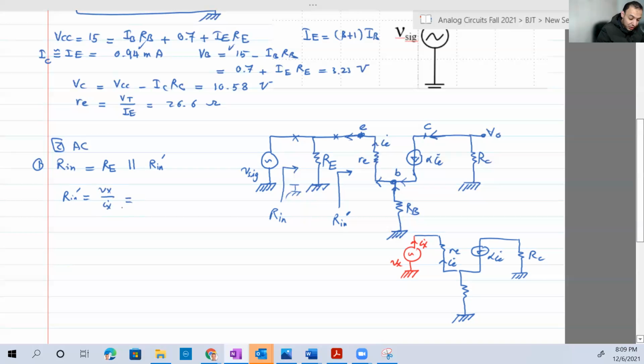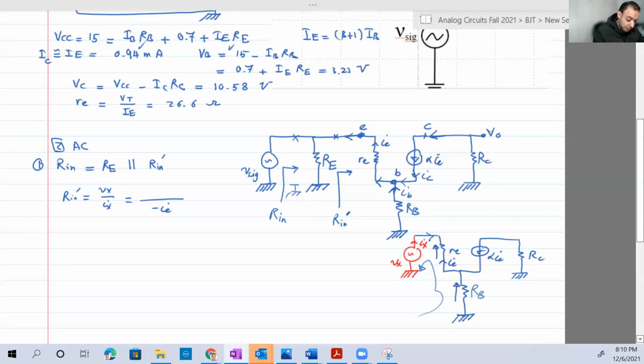So what is IX? IX is minus IE. Look, IX is moving this way, IE is the opposite. This is minus IE. What is VX? VX, from that loop here, equals the voltage across RE small and RB here. Remember, this is IB, the current flowing in RB here. And this is IC or alpha IE, whatever you like. So we have a voltage like this, and we have a voltage like this.